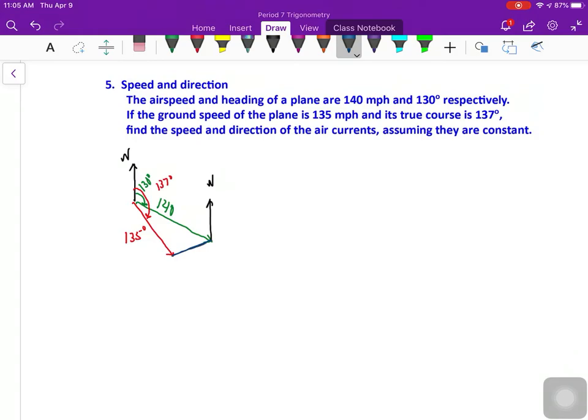Now the air currents actually would have acted on the end of this airspeed vector. So what we're looking for here is really this one right there, and this. Okay, so how can we figure that out?